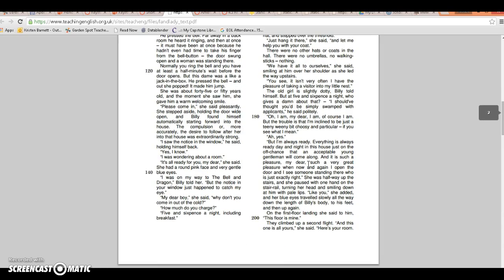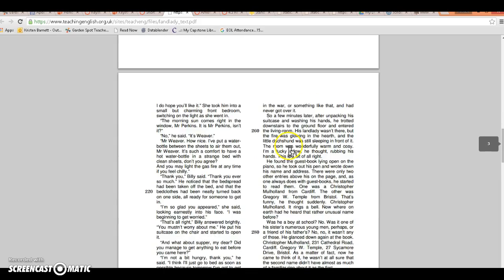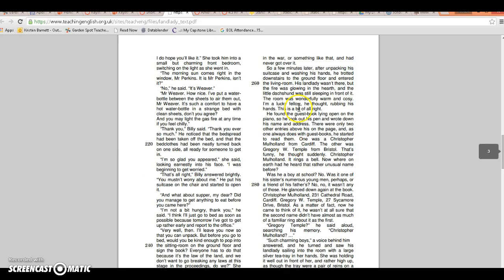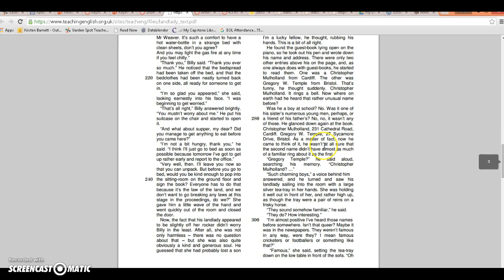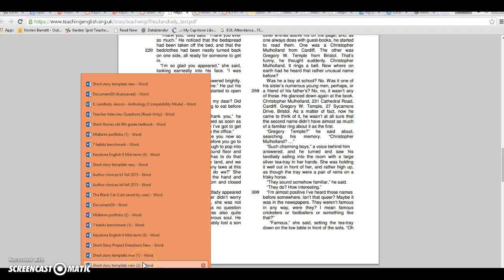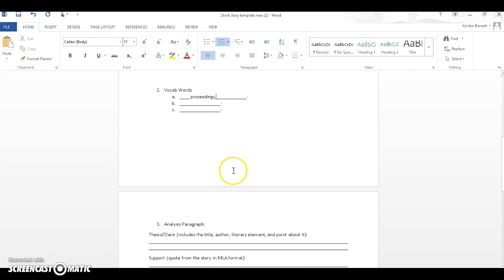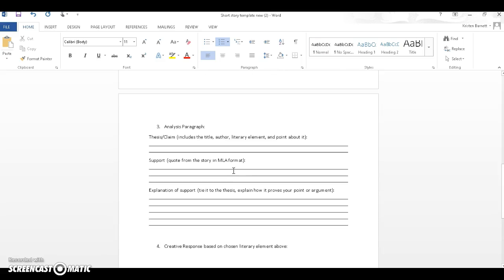Well, you need to choose at least 3 as you go through. Hopefully you can find some that will help you. Maybe you don't know what the word proceedings is. You put this in story and then define them. So do that 3 times, define them, look up the definitions.